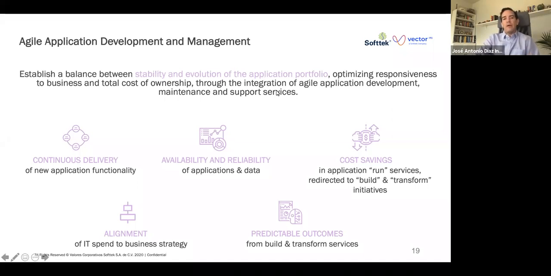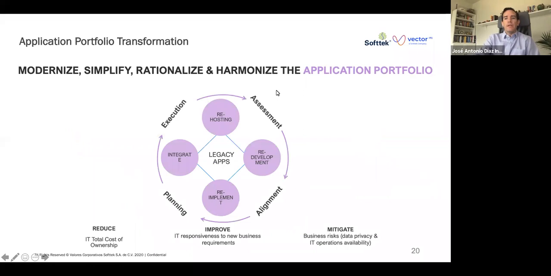An example of how to do this application management is looking at your application portfolio. Think about all those applications that you have. In this case, I know that we have companies from restaurants, and we have some companies that are doing textiles. So think about those applications and how you manage them.